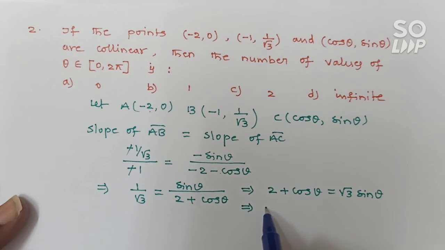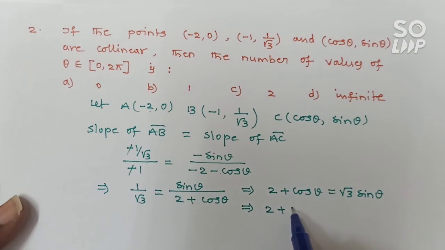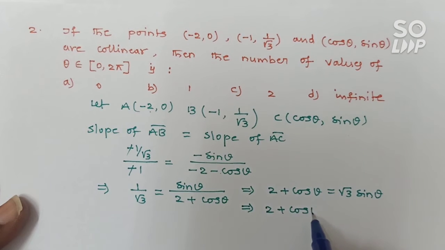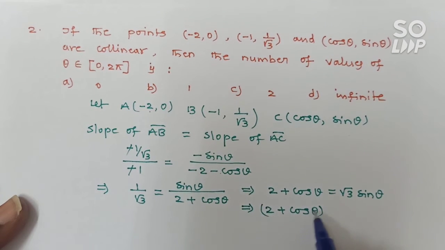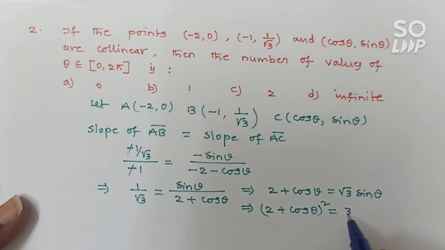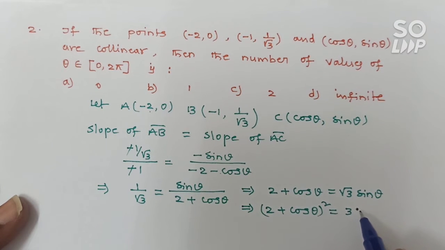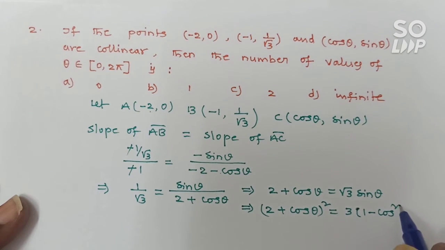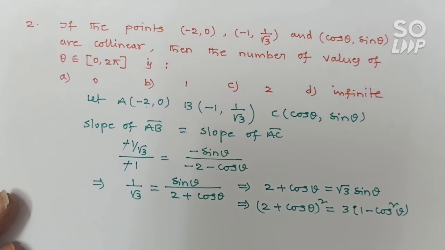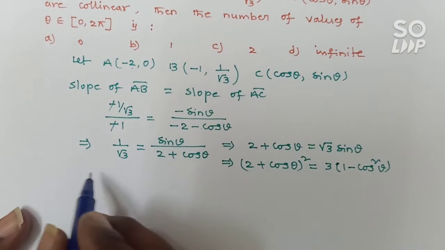So squaring on both sides, (2 plus cos theta) whole square is equal to 3 into sin square theta. Sin square theta you can write as 1 minus cos square theta. Now you simplify this value.